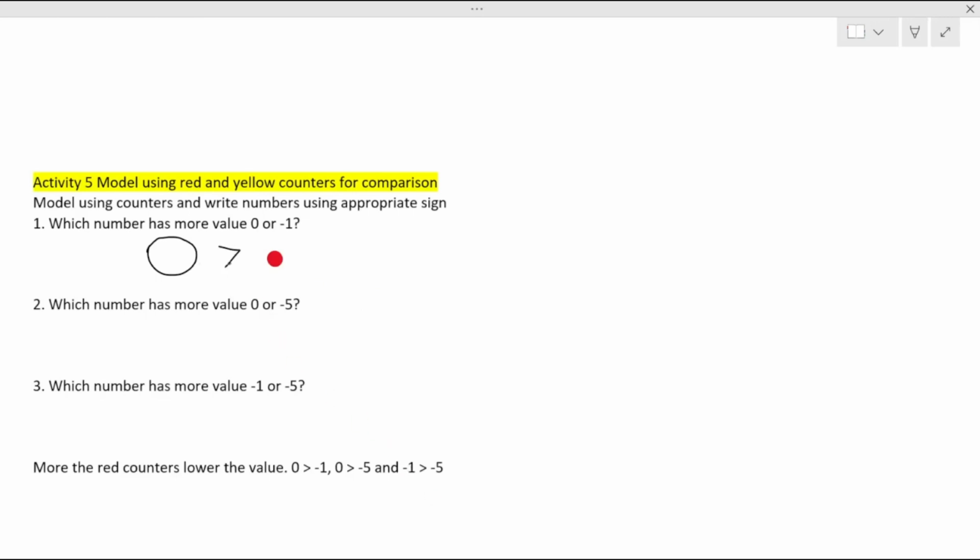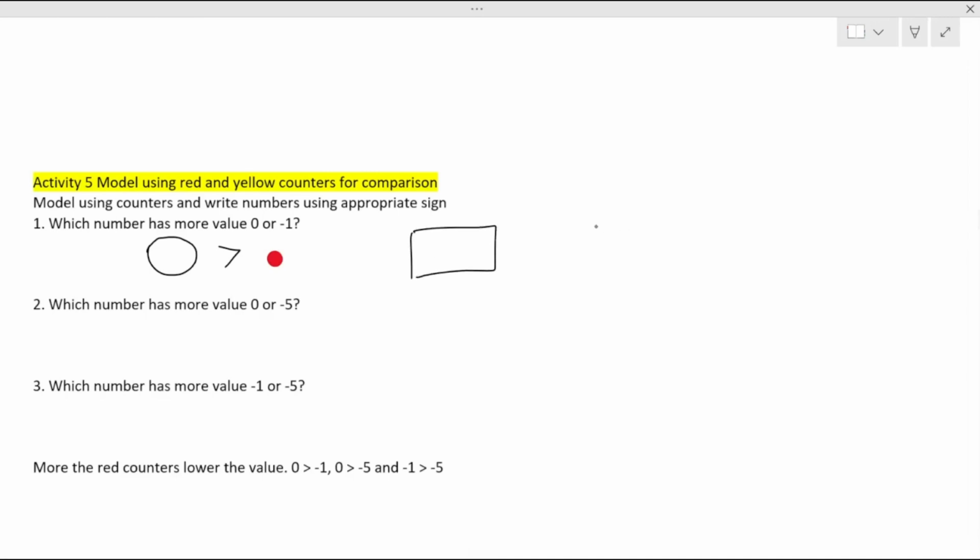So 0 is always greater than minus 1. How can someone be made to understand this, when there is one red counter here and nothing there? Why can't I say this one is bigger? You can always say that, but I'll try to convince you with this example. Let's say it is between two friends.